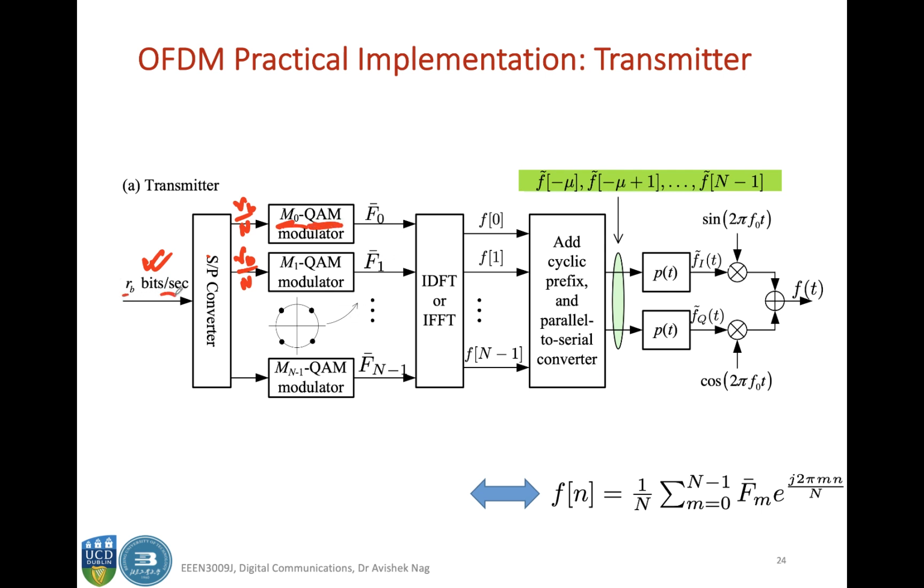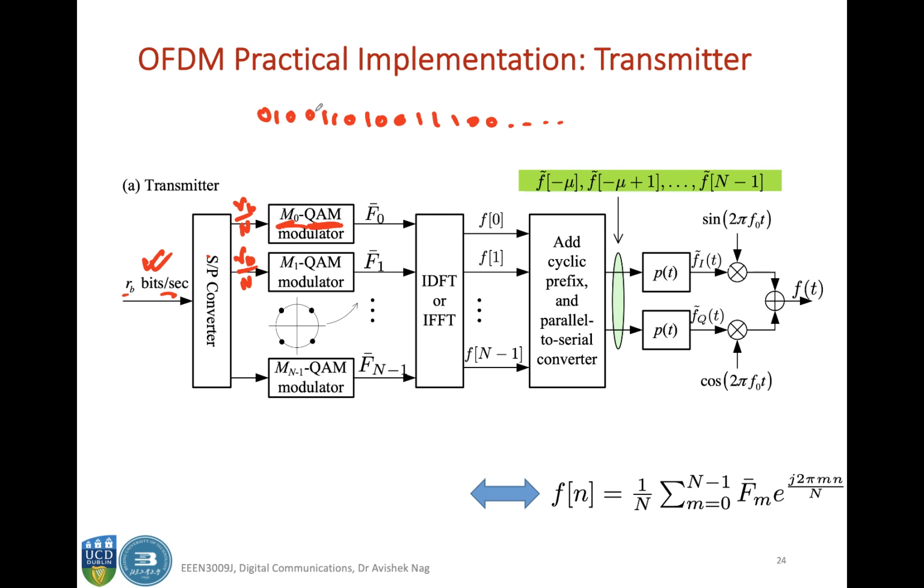These are all the bits coming serially, let's say 0, 1, 0, 0, 1, 1, 0, 1, and so on. You are dividing it into different tributaries.